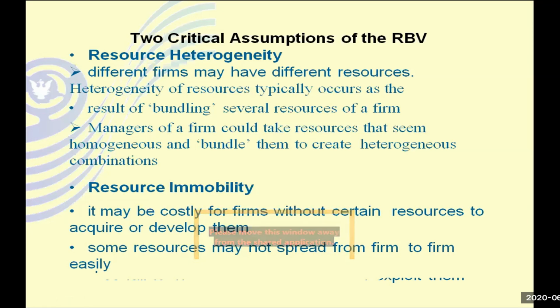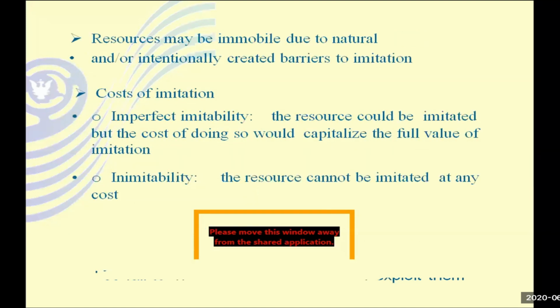And then immobility. Remember, these are the characteristics of resources, which are basically assumptions per se. Resource immobility means the resources may not be easily mobile. If they are highly mobile, then they lose their competitive advantage. If they are not heterogeneous, then there's no competitive advantage. If they're immobile, it means you cannot move them easily from one place to another.